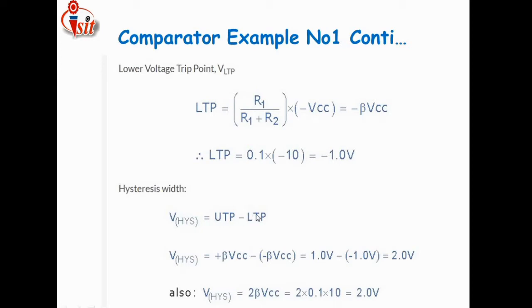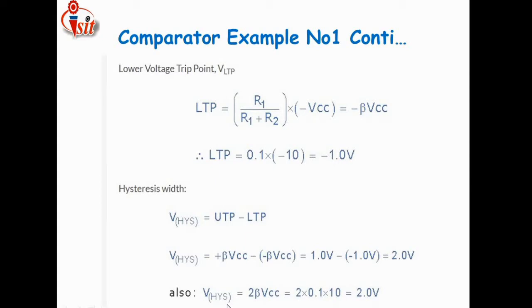What is the value of the lower trip point? Just see here, minus 1, minus of minus 1 kept here as it is. Then both minus signs cancel each other and convert into a plus sign. That is 1 plus 1 is equal to 2 volt. That is the hysteresis width related to this circuit.